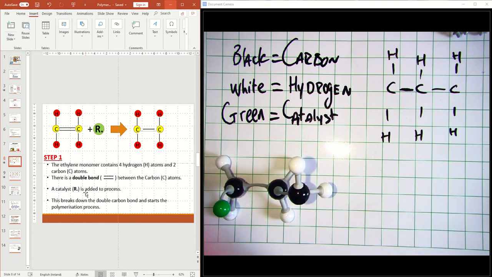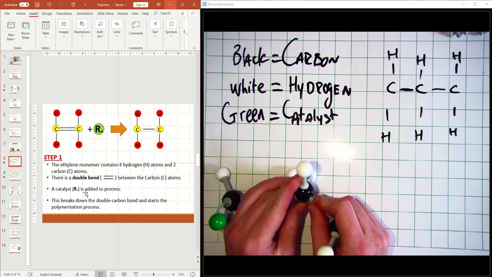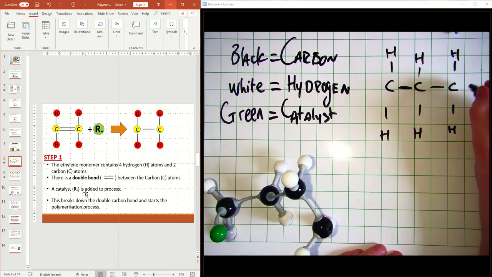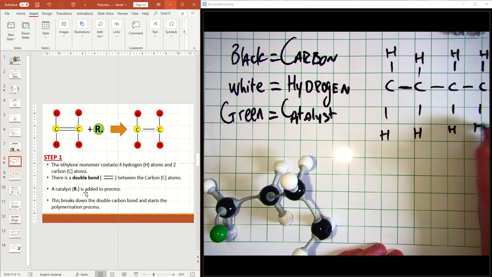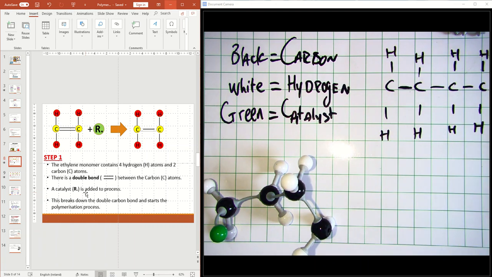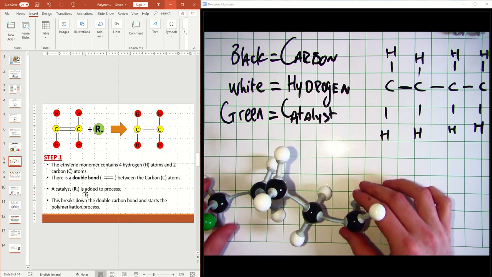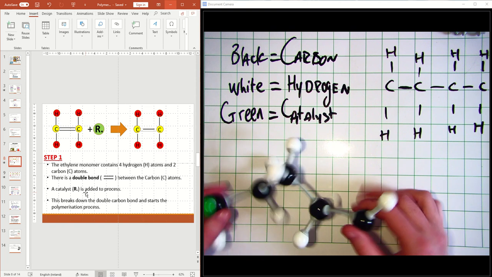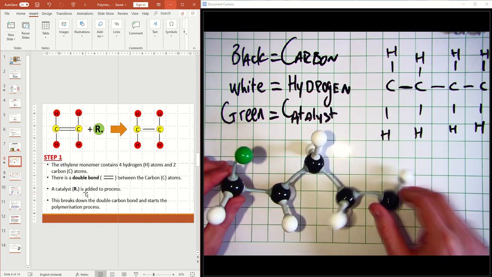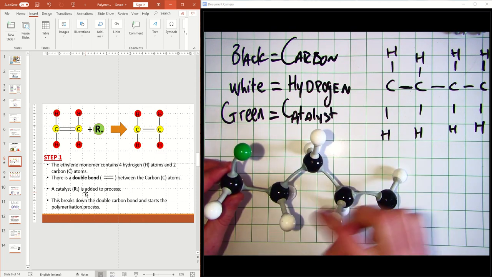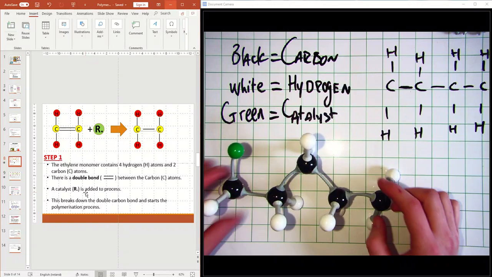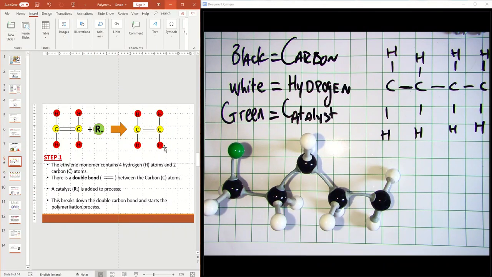I can repeat this process and add another one on, and keep repeating that as much as we want. There's millions and millions of these added up. Here we're starting to see the chains, with the carbon atoms in black and the hydrogen atoms in white.